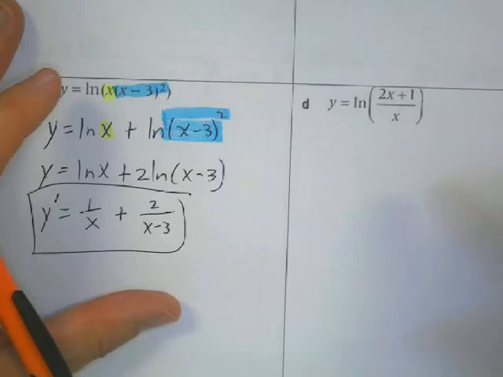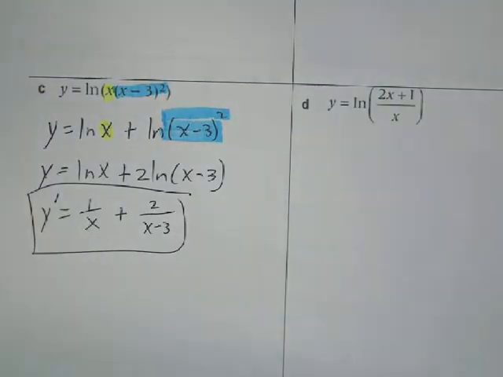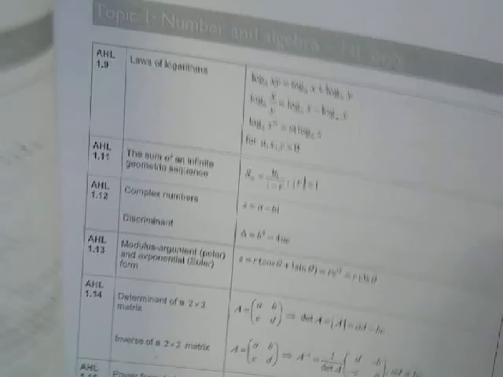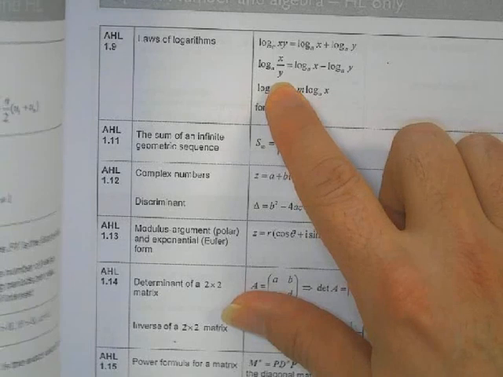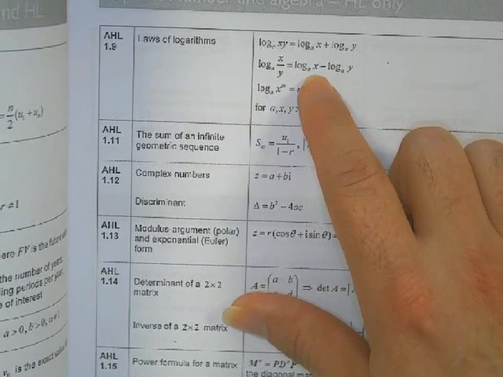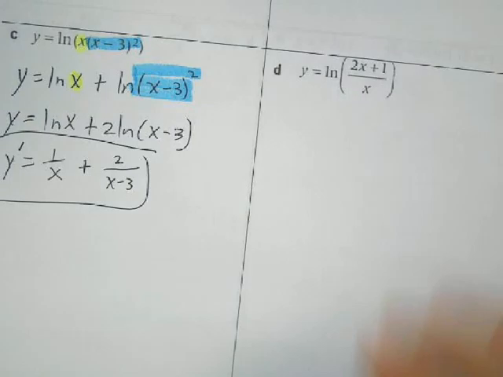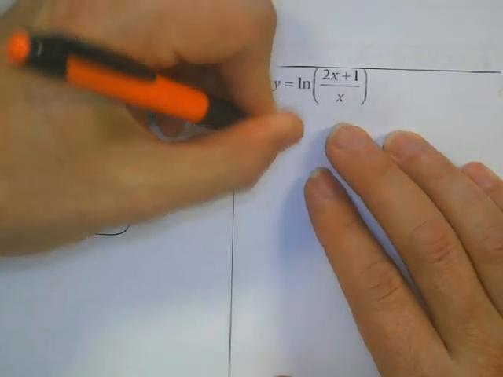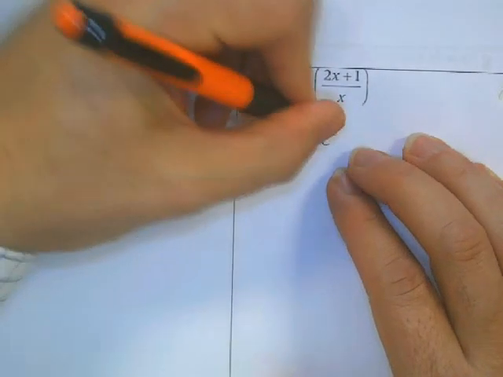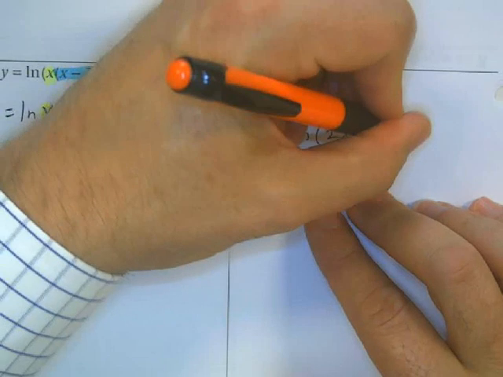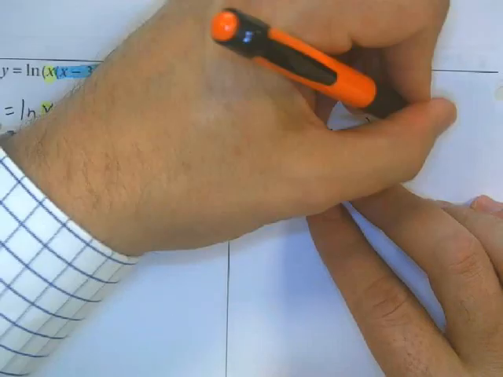Okay, now we've got the division. If I've got log x divided by log y, I can write this as log x minus log y. So I can rewrite this here as natural log of 2x plus 1 minus natural log of x.